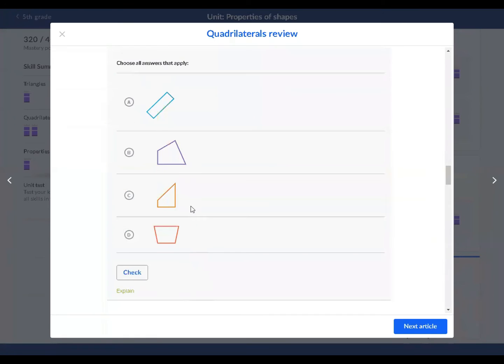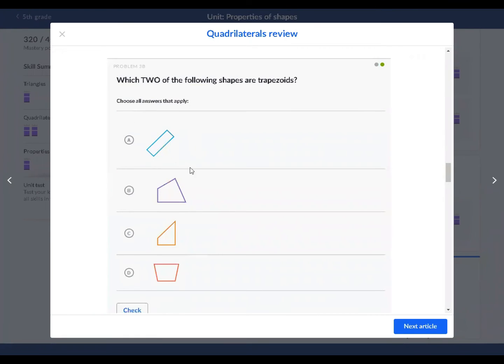So next question. Again, the same question. So this can't be a trapezoid because there are two parallel sides, not only one. And this also can't be a trapezoid because if we extend it like this, it would meet.